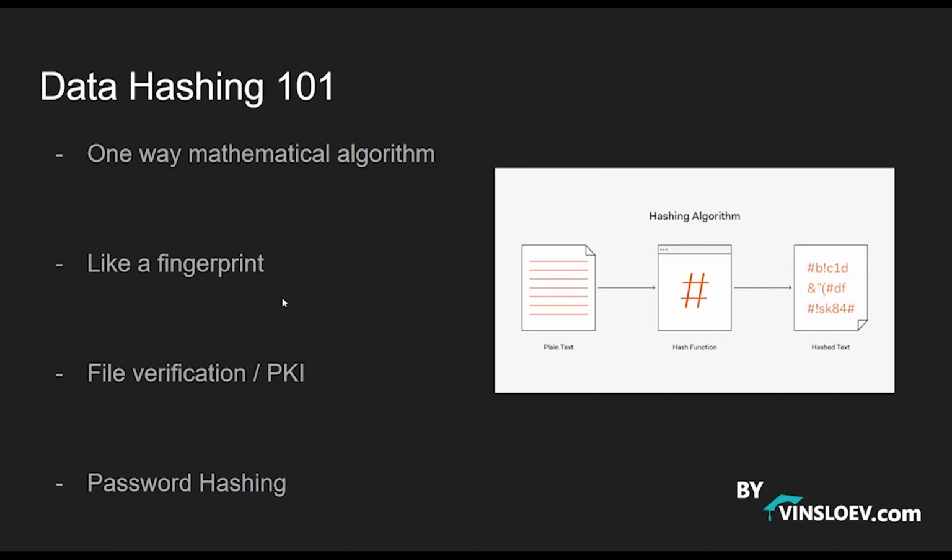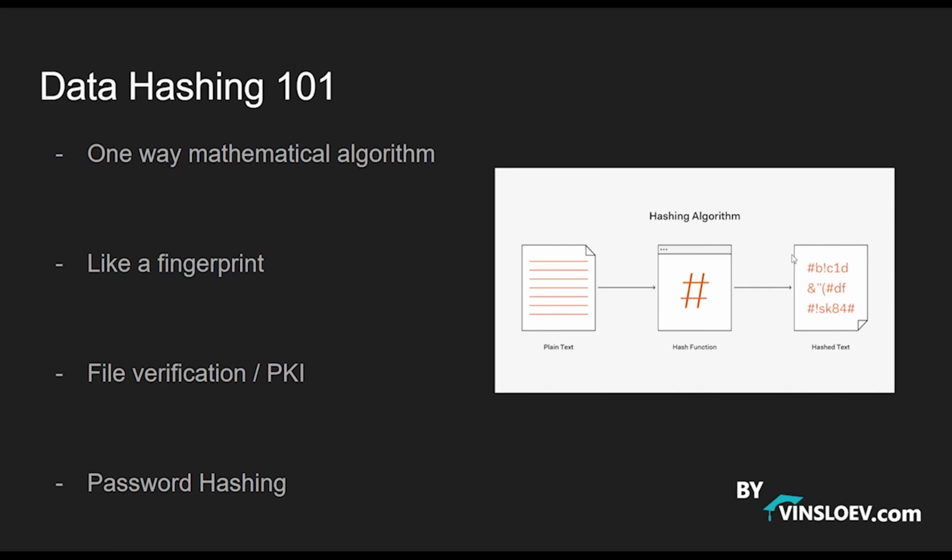And we're using this when we are verifying files and in our public key infrastructure, because for file verification it is important for us that we can verify that a given file is what it is expected to be.